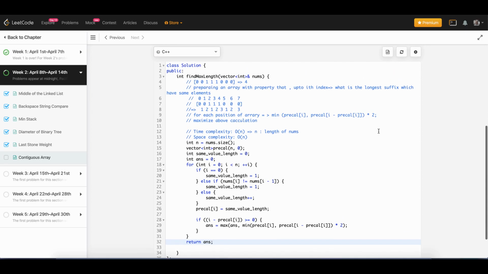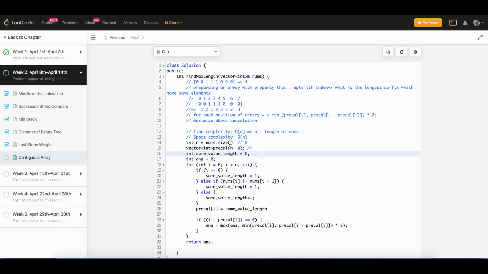Let's go through the solution again. What we are doing initially, say for example for this array, initially we calculate the length, which is 1 2 3 4 5 6 7 8, and we define a precal vector with the same length.